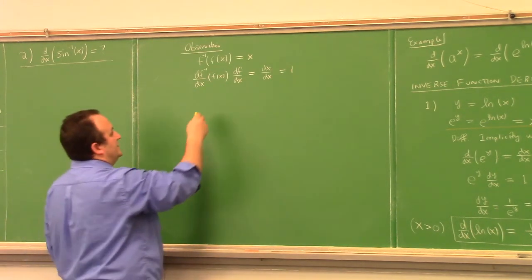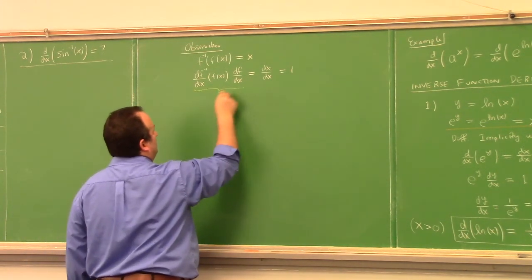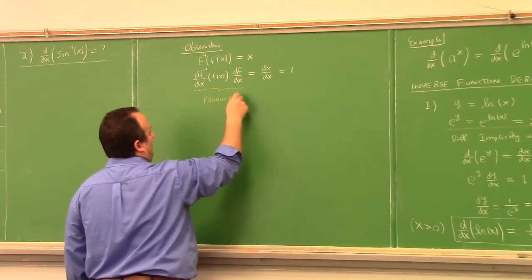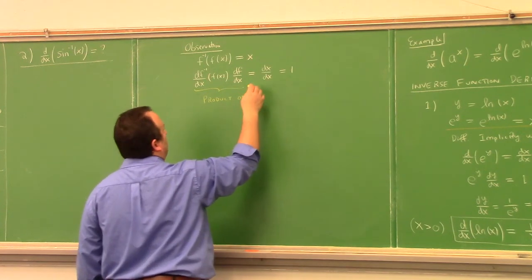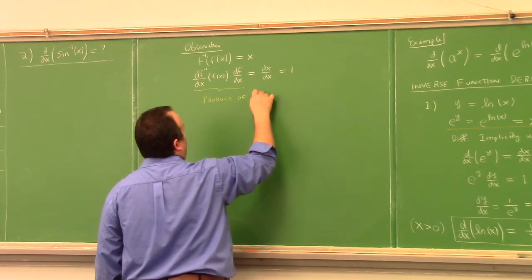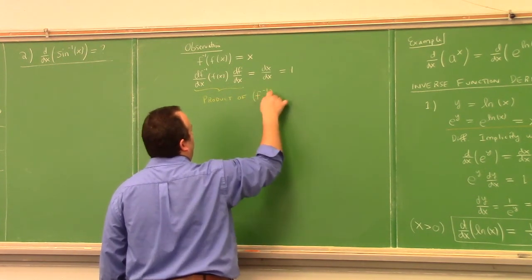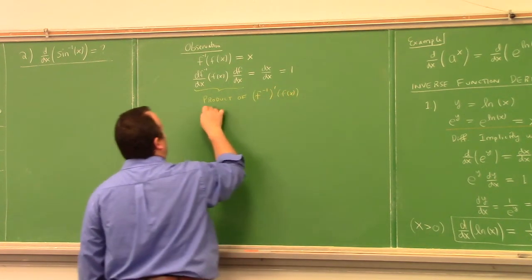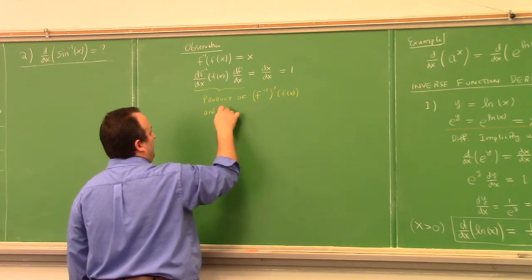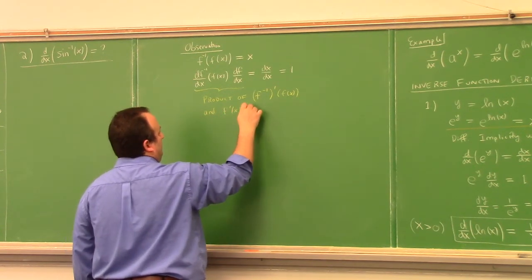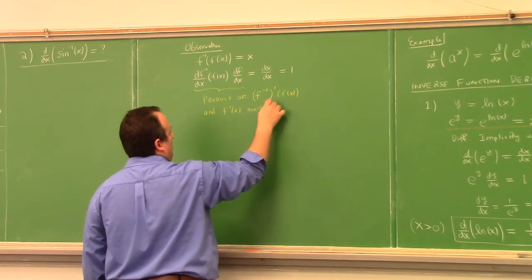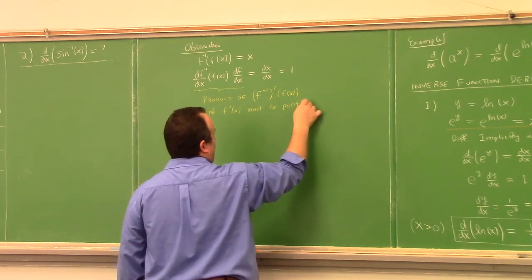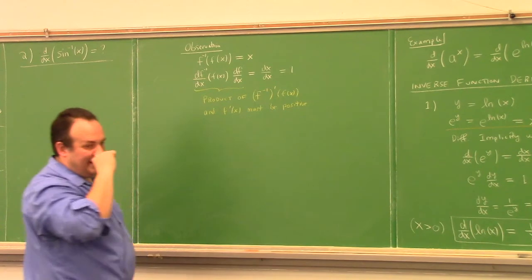So what this says is that the product of f inverse prime at f of x and f prime of x must be positive. I mean, it says more than that. It says it's 1. But because it's positive, think about that.